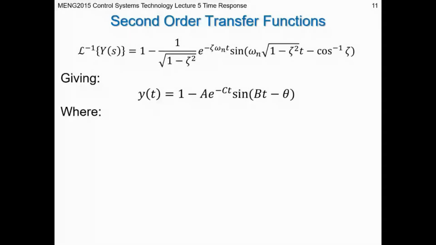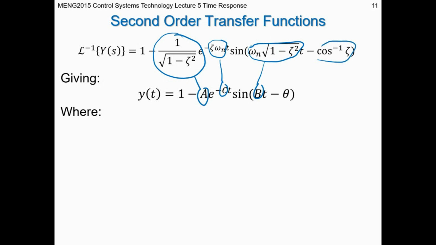So if we simplify this a bit, let this term equal A, let this term equal C, let this term equal B, and this one we're going to call alpha.